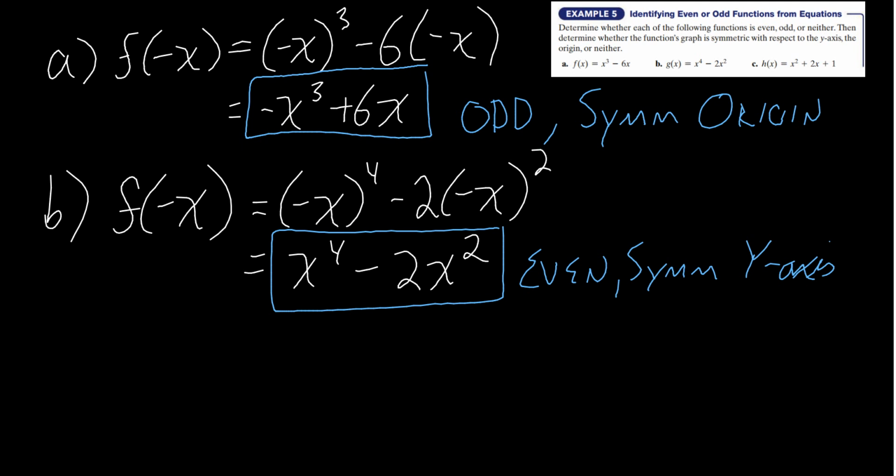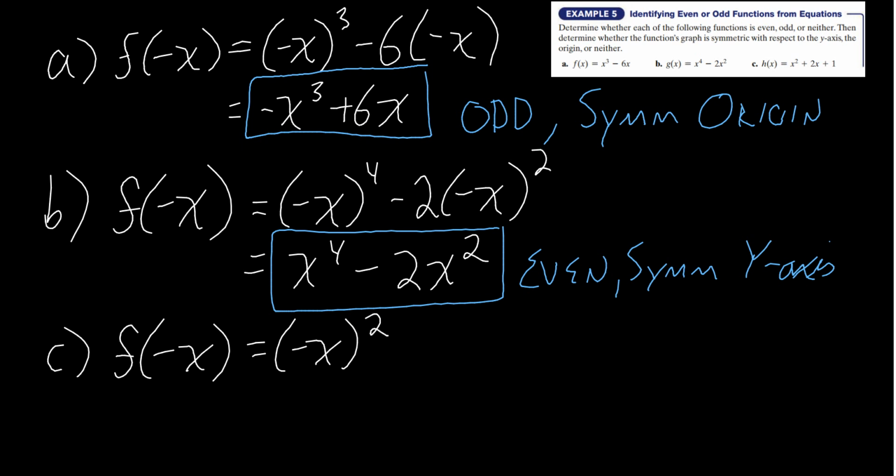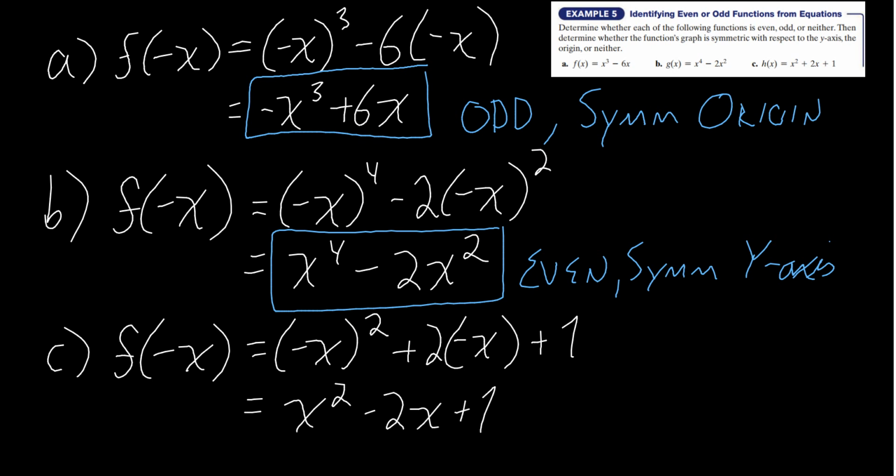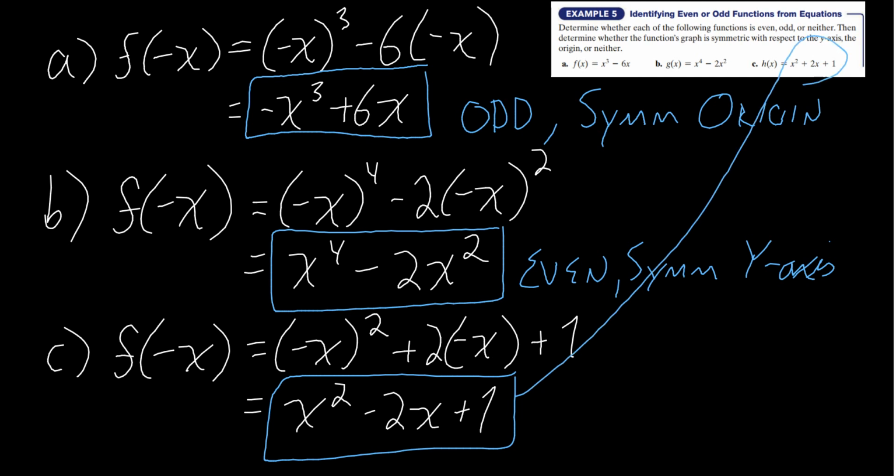And I bet the last one's going to be neither, just because that's always how it works out, right? So we're going to say f of negative x, and then we're going to plug in negative x here, so negative x squared plus 2 times a negative x plus 1. Doing the arithmetic here, we have x squared and then minus 2x plus 1. So looking at the problem, is it the exact same?